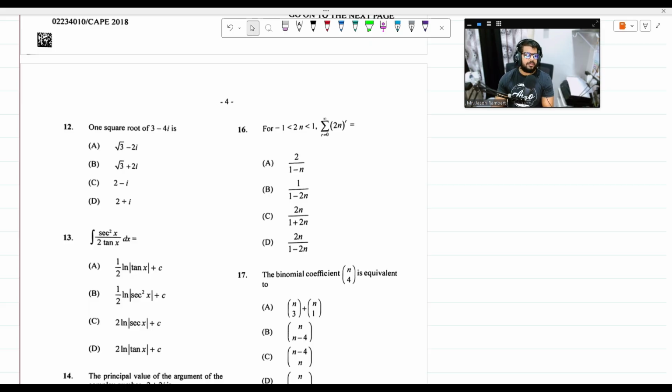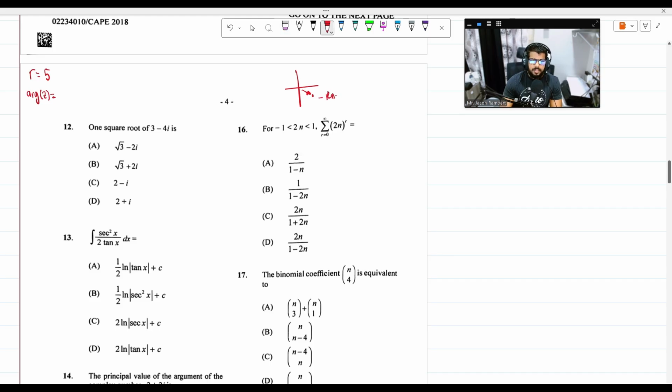So let me see what we're going to do. R is going to be 5, right? The modulus is going to be 5, and the argument is going to be, let me see which part it lands, 3 minus 4, it's landing down here, so it's going to be minus the reference angle, right?